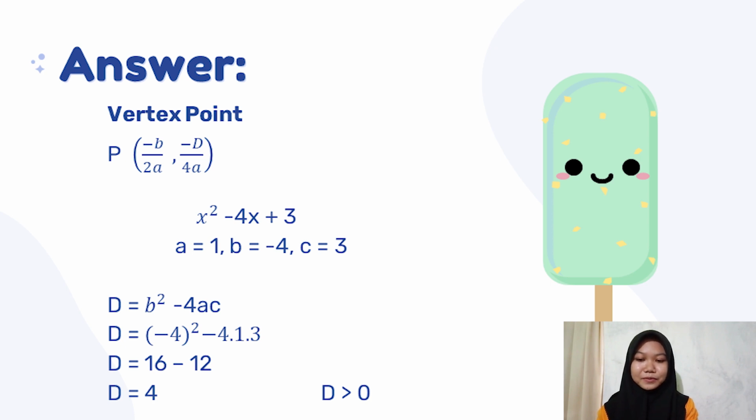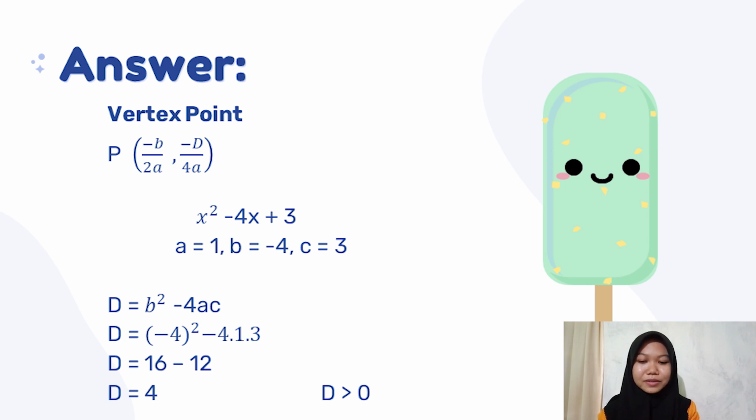Next step, we will find the vertex. Where do we know the formula of the vertex? That is (P, Q) equals (minus B over 2A, minus D over 4A). For x squared minus 4x plus 3, A equals 1, B equals minus 4, and C equals 3. So first we look for the value of D, where D is the discriminant.